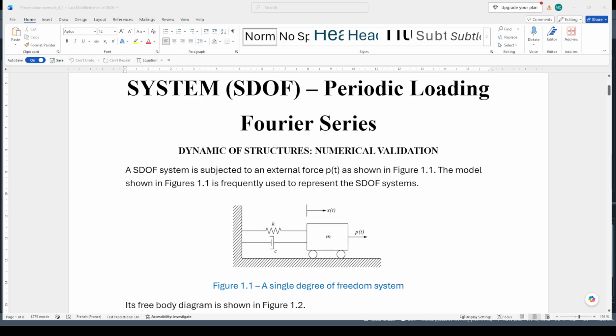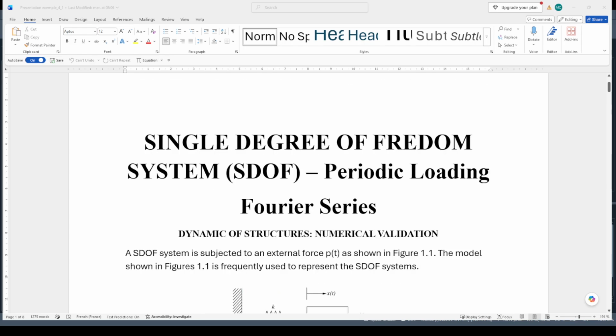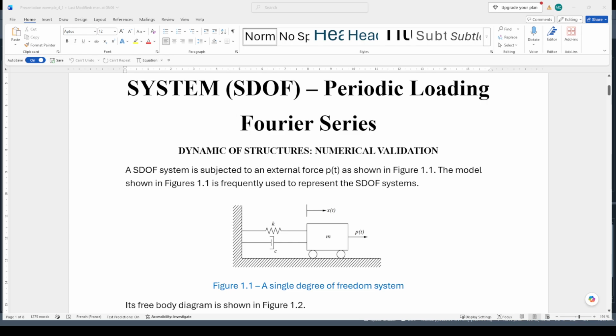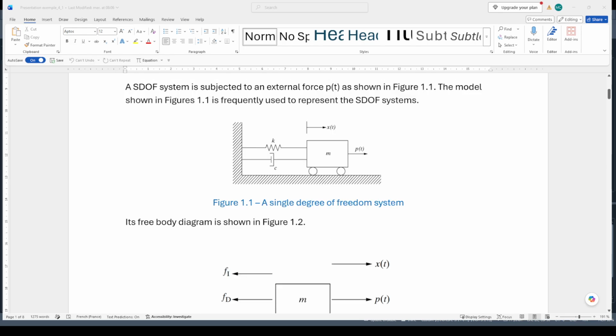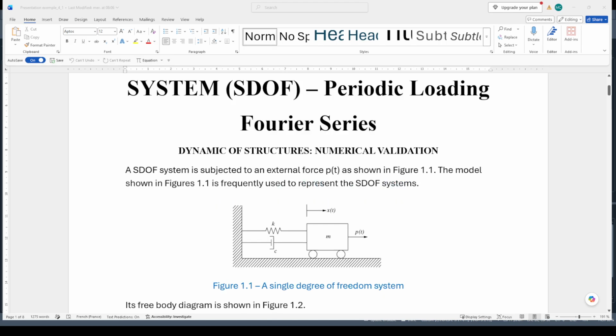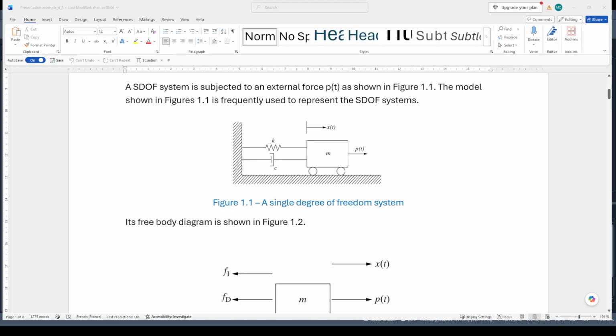We remember the system used for the single degree of freedom system: a mass with an applied force p(t) in direction x, and applied to this mass are also a damper and a spring k.